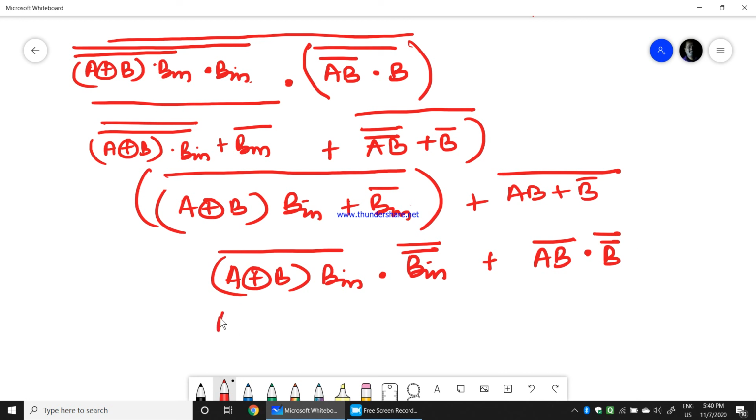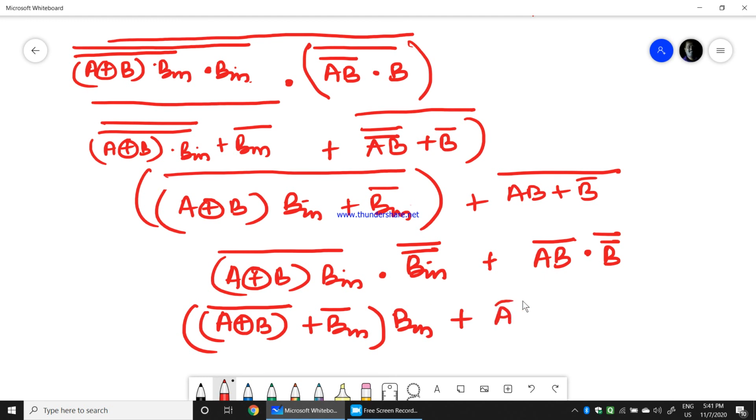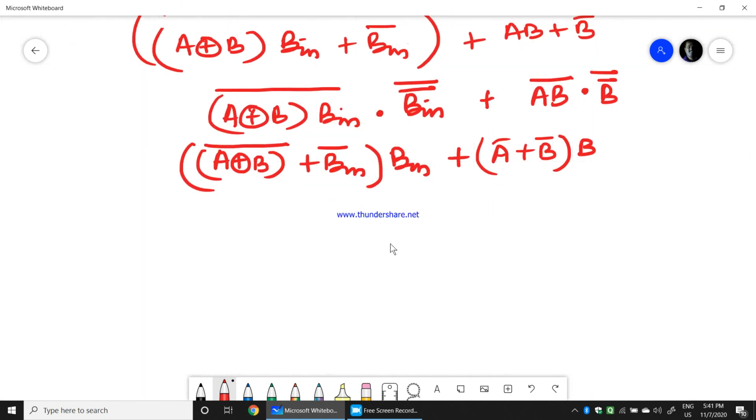So therefore A XOR B the whole bar is A XOR B the bar plus Bin bar multiplied by Bin, where Bin bar gets cancelled, plus A bar plus B bar multiplied by B bar B. So therefore this will be equal to A XOR B the whole bar multiplied by Bin plus Bin into Bin bar is 0, plus A bar B plus B into B bar is 0.